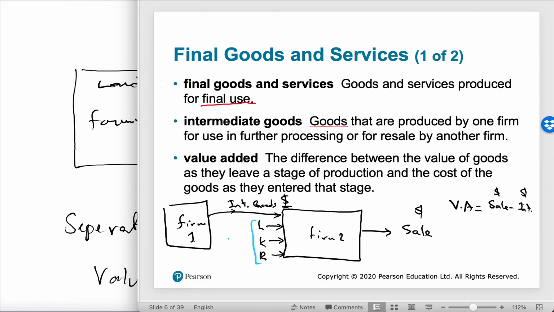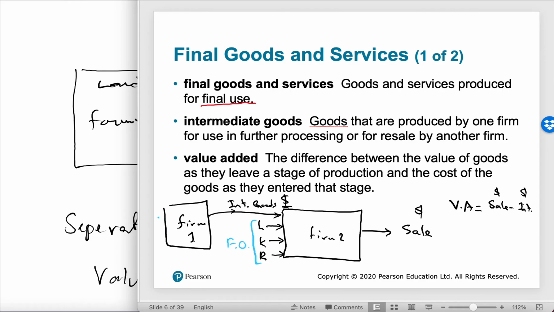So you can say that the value added is actually the payment to the factors of production: workers, machines, and the resources which are used in this stage.